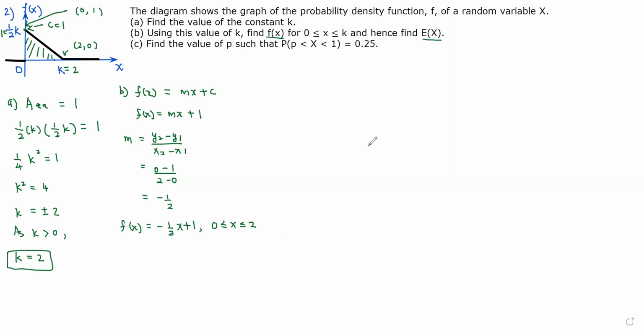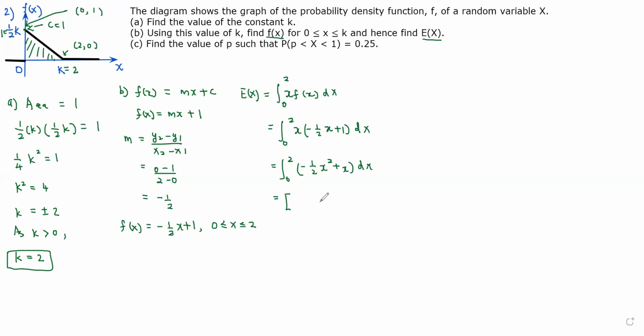We need to find the expected value of x. The expected value of x is the definite integral of x f(x) from 0 to 2. So we are integrating x f(x). f(x) is negative 1/2 x plus 1, and we can write this as negative 1 over 2 x squared plus x that we are integrating.